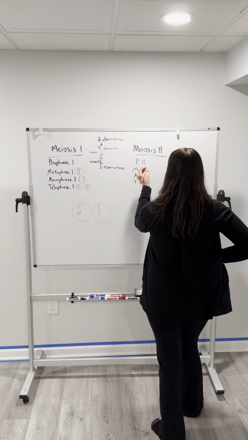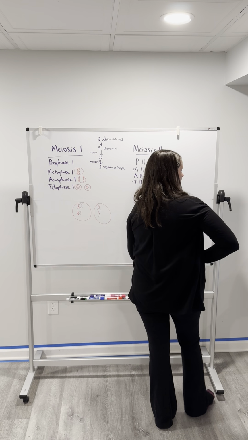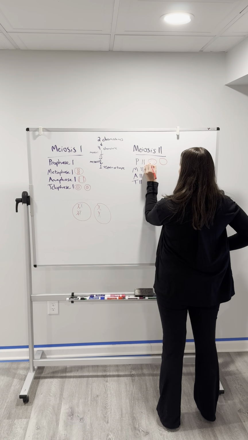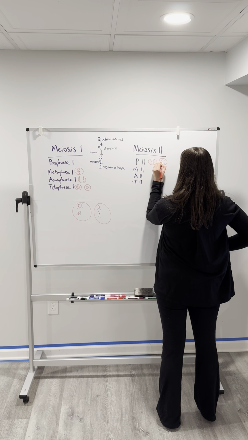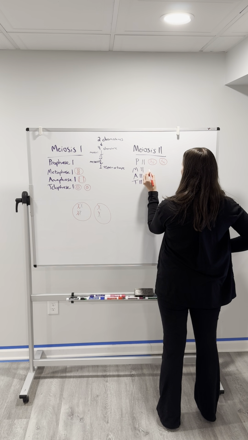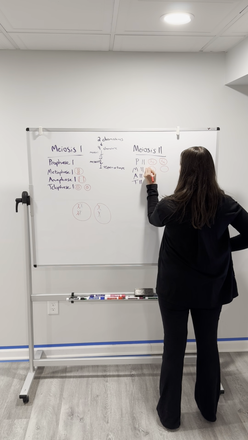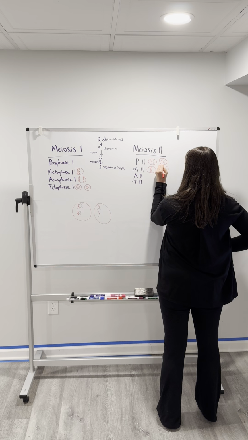Okay, so in prophase 2, now we're starting with 2 cells. Okay, nuclear envelope disintegrates and our chromosomes become visible. Okay, metaphase 2, our chromosomes line up in the center of the cell here.